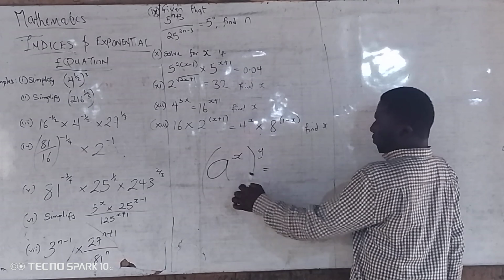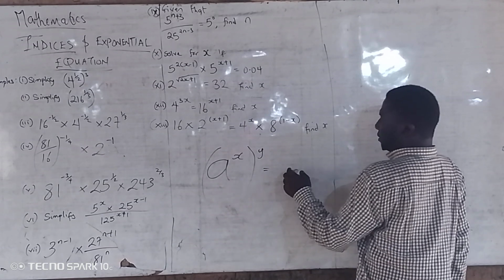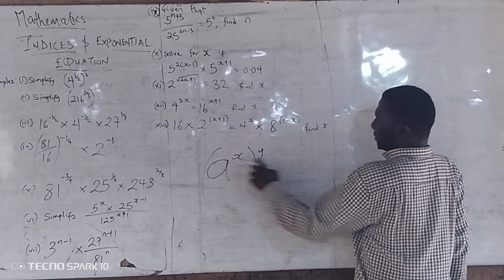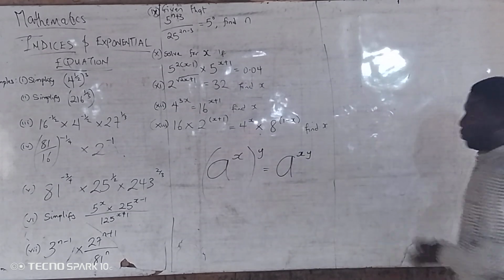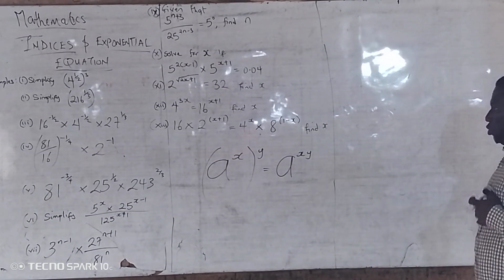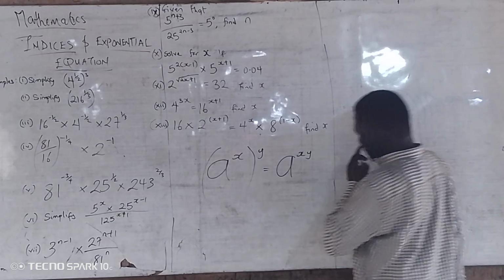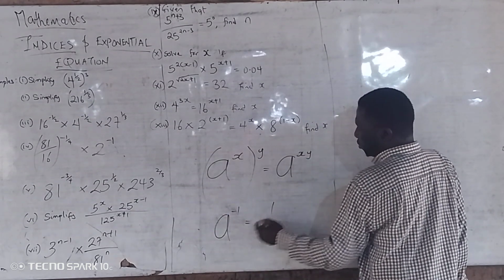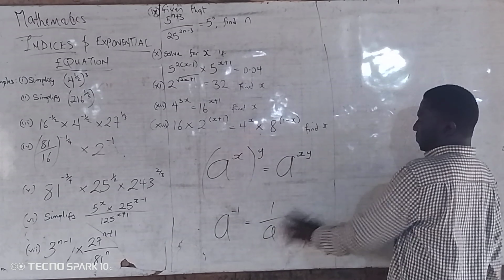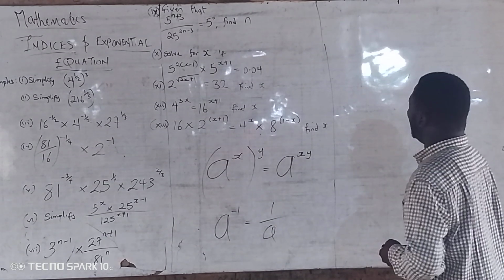Whenever you have something like this, you have to multiply the powers so that the answer becomes a to the power xy. Also, if you have a raised to power minus 1, this simply means 1 over a. So these are part of the things that you should know.